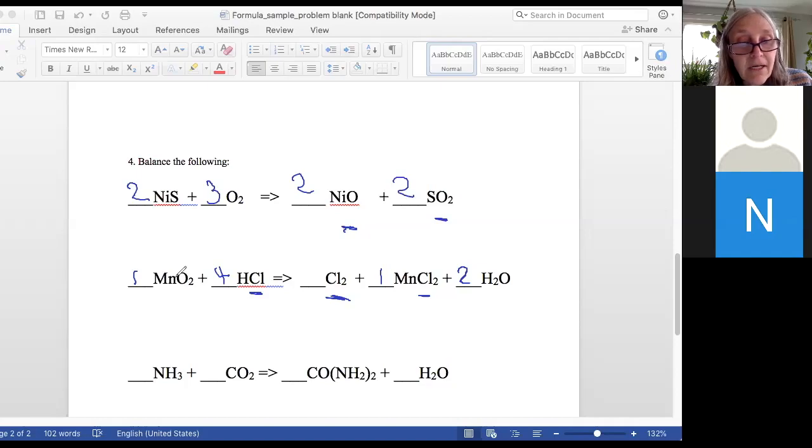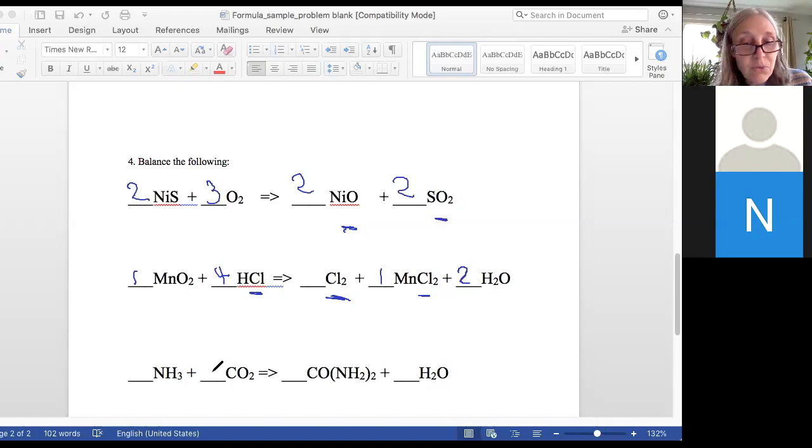So now we've got, wait, oh no, that's okay, because there is 2 here. So that's 2O2, 2O2. Then we've got 4H, and then 2 times 2 is 4H, and then 4Cl. And again, this is a tricky one because it's 2 chlorines here and 2 chlorines here, so that's 4. So that is balanced. And then we'll move on to the last one that I have here.